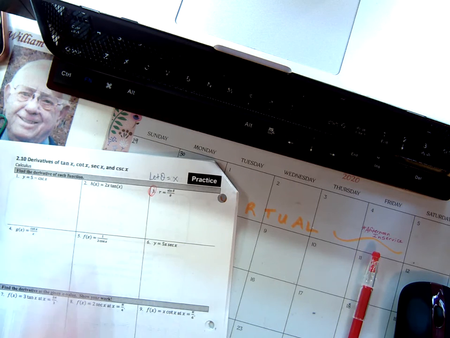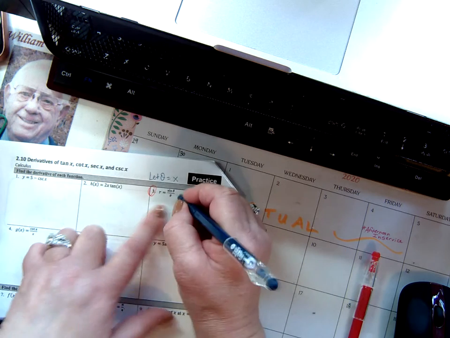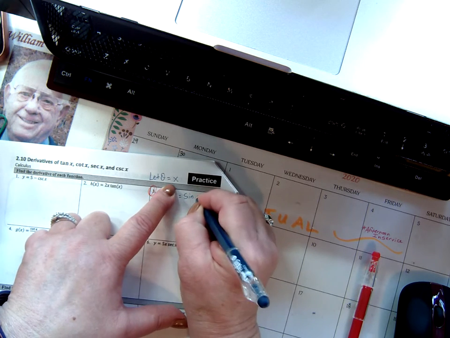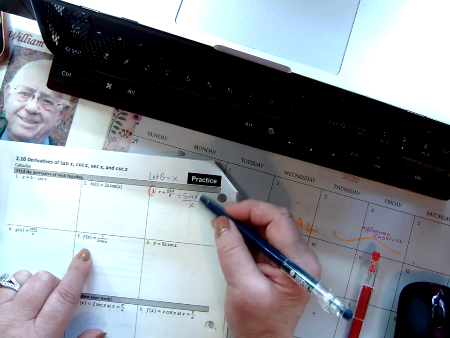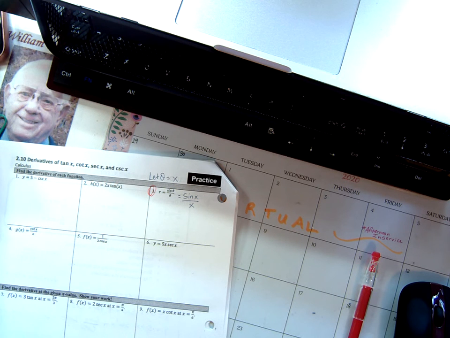And if I tell Mr. AP that I'm going to do that, then you just do it. So that means that I can call this the sine of x over x. And for me, it just makes my brain happy to see x's rather than thetas in the problem. And it also helps with my derivative. It's easier for me to see what the derivative is going to be because it's what I'm used to. So if I'm looking at this particular function and I'm thinking derivatives, what rule would you apply to it?